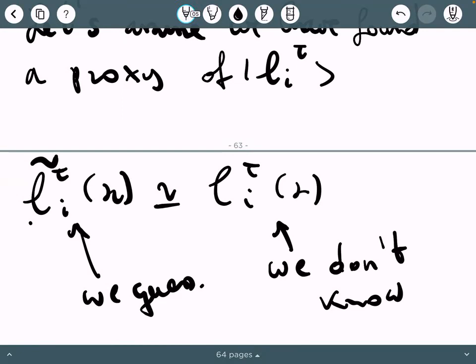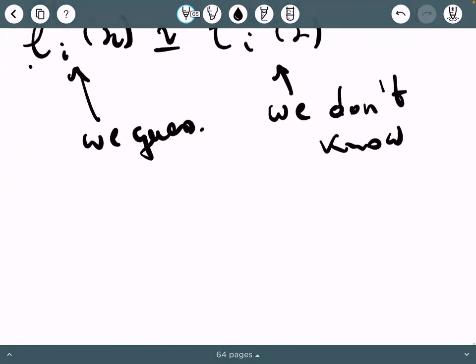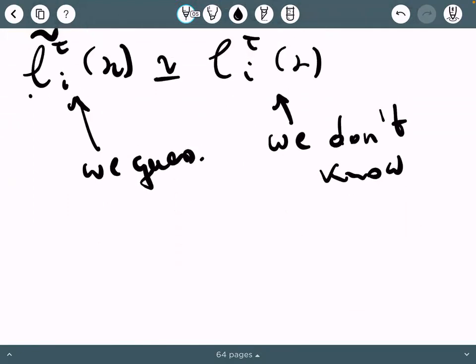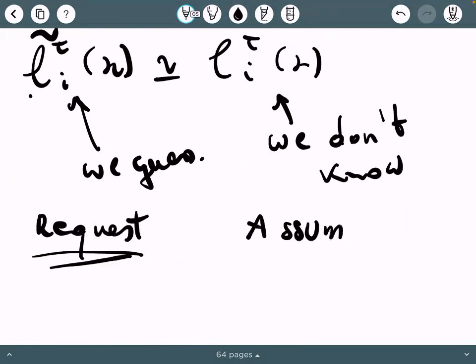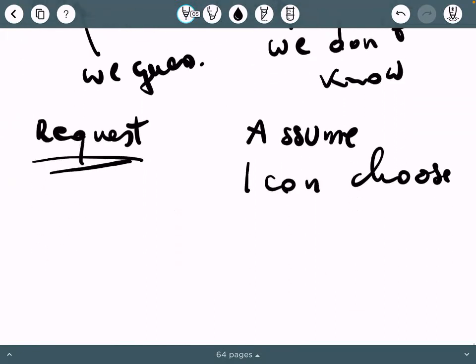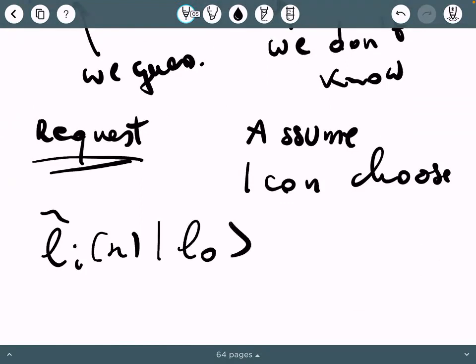So in order to do that, of course, I need to prove it, but I want to make a request. I assume I can choose L, my proxy, to be orthogonal to the ground state.